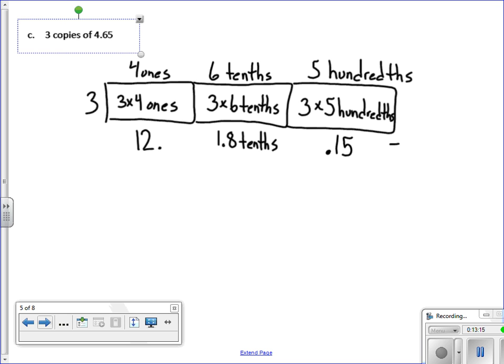If we add those together, we have 12 and 1 is going to give us 13. If we look at our tenths place, we have an 8 and a 1. If we add those together, it's going to give us a 9. And last, we have a 5 in the hundredths place, which is going to give us the 5, which is 13 and 95 hundredths.